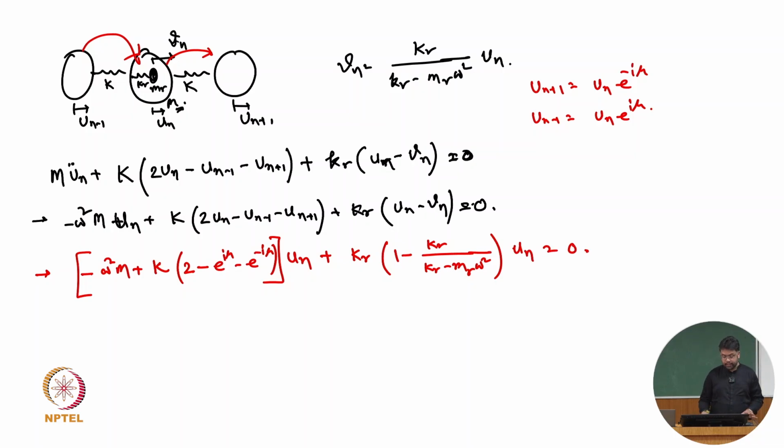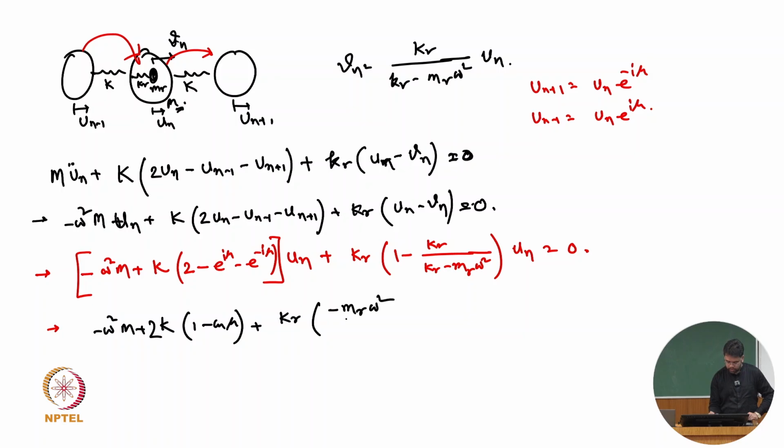So if you see, that full thing is coming in terms of u_n. Now there is no v_n. So I can again further condense that full thing, that full thing with u_n, that is equal to 0.